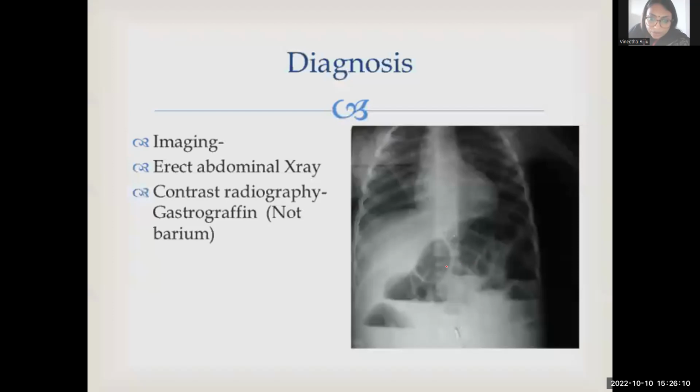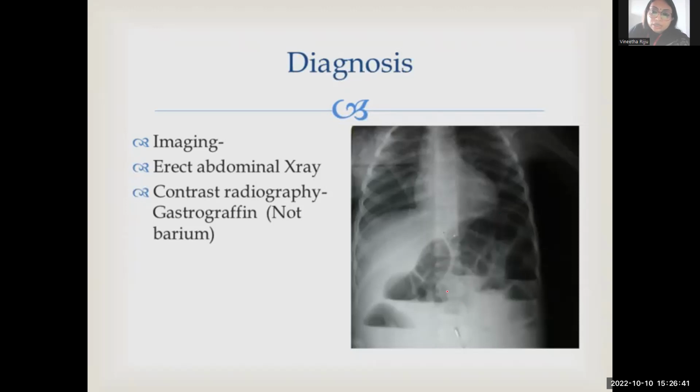And here, can you see a straight line in the bottom? Now, these straight lines tell you that there are multiple air fluid levels. The one that you see in the black color is the air. The one that you see in the white color, below that, is the fluid most probably. So it is the air fluid level.